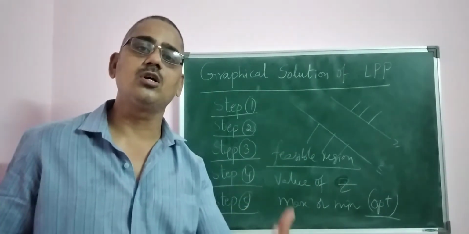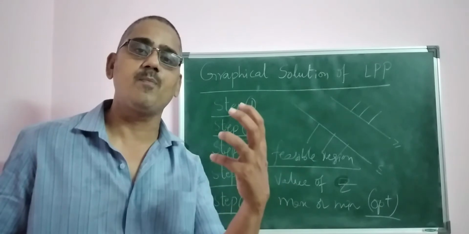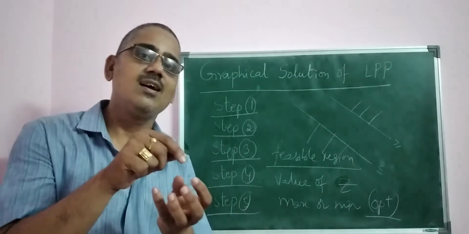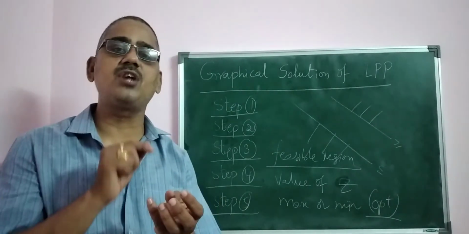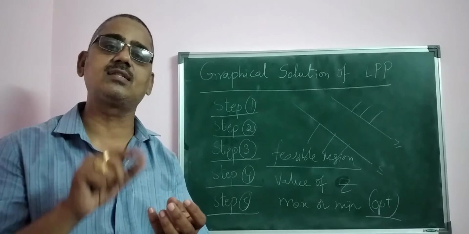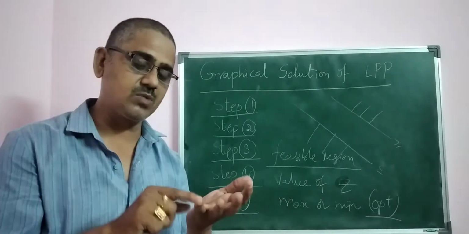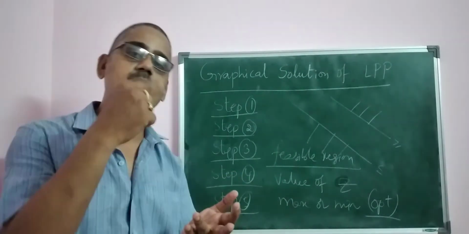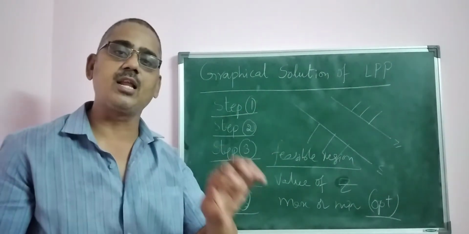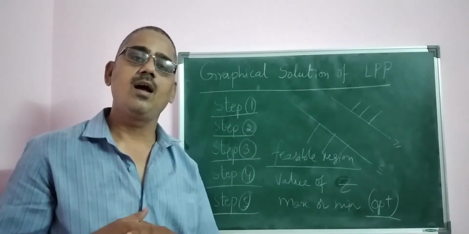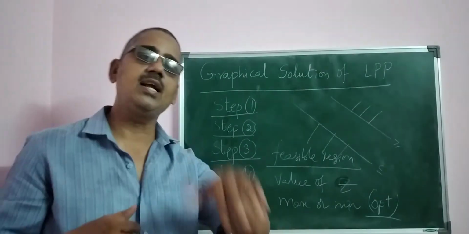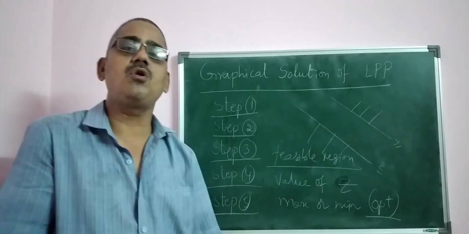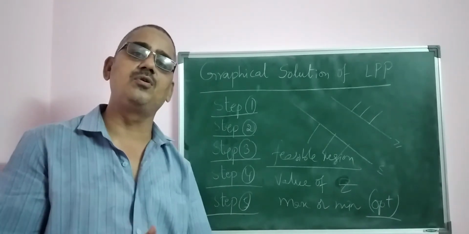At particular values of x1, x2, which give either the maximum value or the minimum value of z, those x1, x2 values are the optimum basic feasible solution.